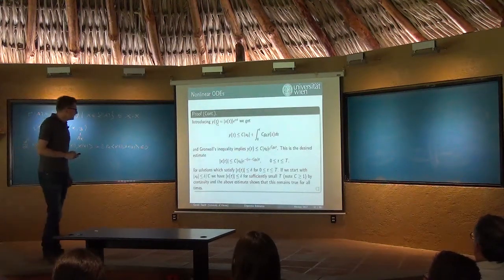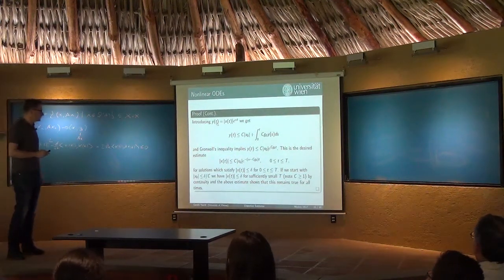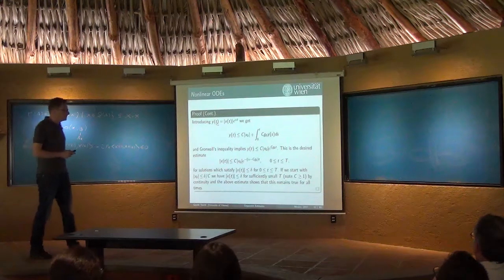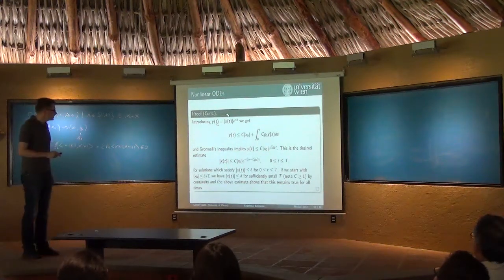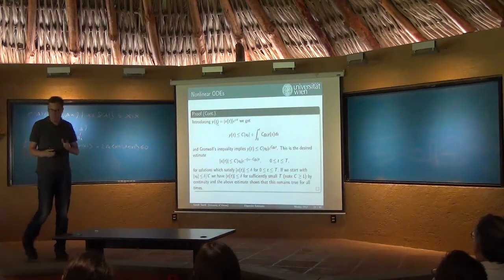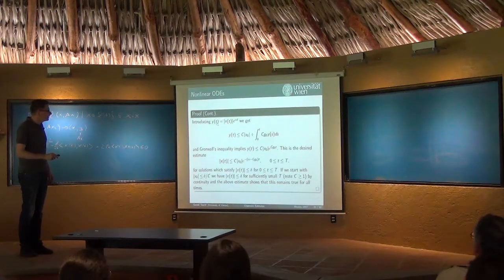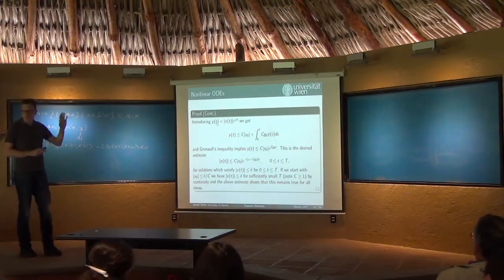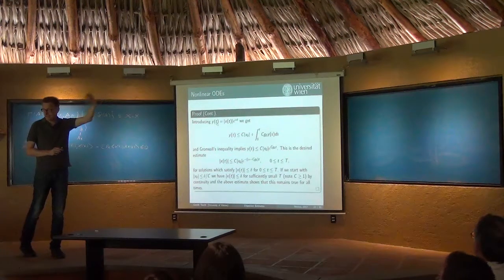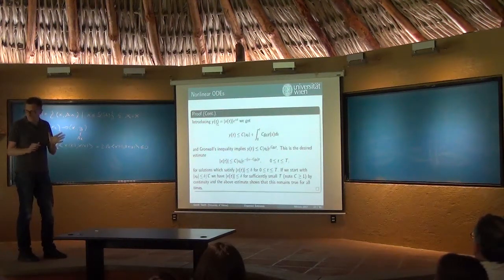Okay, so let me sketch how you go about proving this. The first trick is you take your solution and then you multiply with e to the alpha t, because then you know you get something bounded. So you switch to something new, this y of t here, which is given by this expression and which now has the advantage, by your assumption on the linear system, that this will be bounded, at least for the linear system.